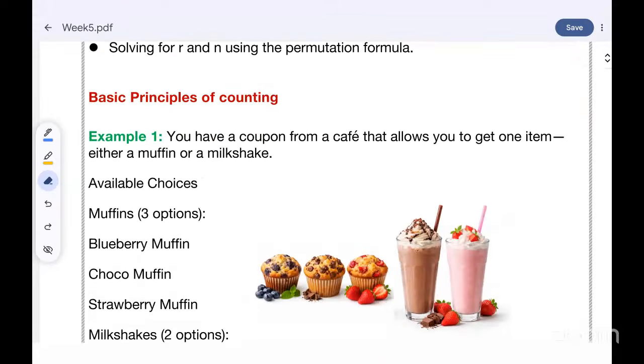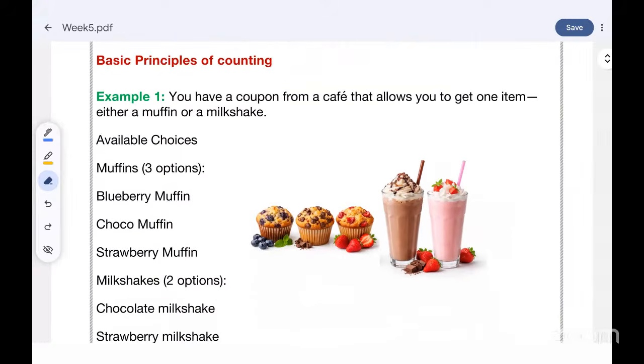So very basic principles. Here, I just wanted to have something colorful, so I added this example. You have a coupon from a cafe that allows you to get one item, either a muffin or a milkshake. Now, what are your available choices? You have 3 options for muffins and 2 options for milkshake. So out of these 5, you can choose any one of them, right? So this is a very basic question.